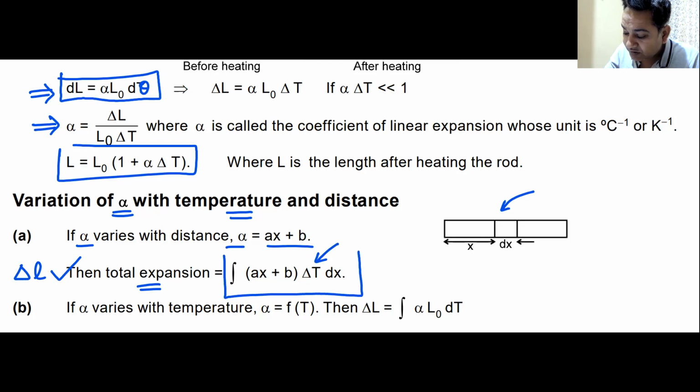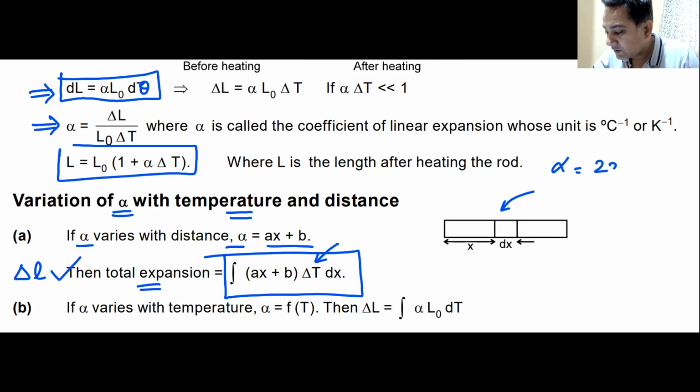Do you understand how I got this equation? Yes, sir. Please note this down. So this is how you can get the value of total expansion when alpha varies with distance. For example, if I had given you alpha is 2x plus 3, the length of the rod is L, and the temperature is changed by delta theta.